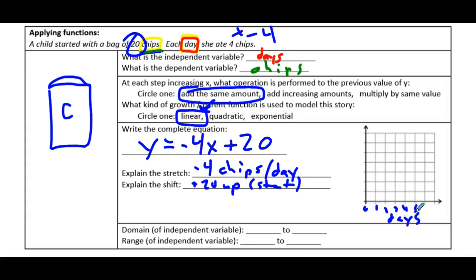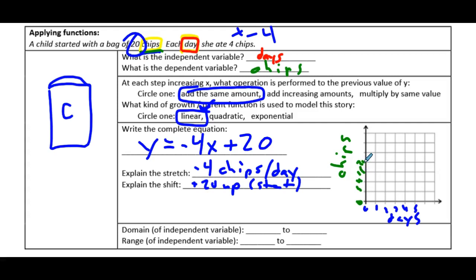And then if I were to properly color code this, I'll get to my green here where I have my chips on my y-axis, chips. And I'm going to have to count by something else, so 0, looks like I'm going to have to count by 5s or something. So 5, 10, 15, 20.